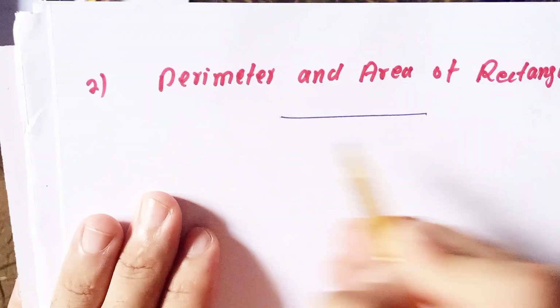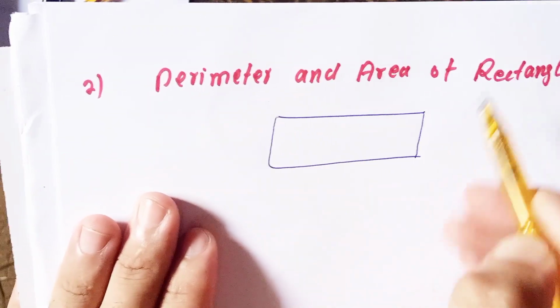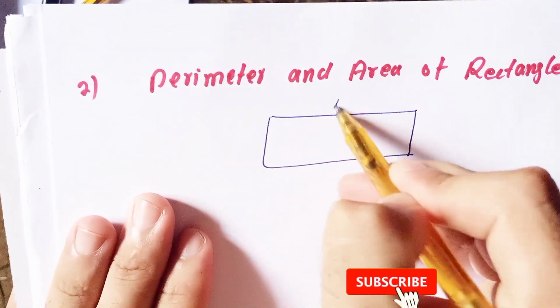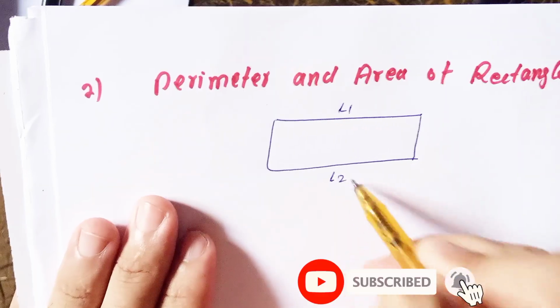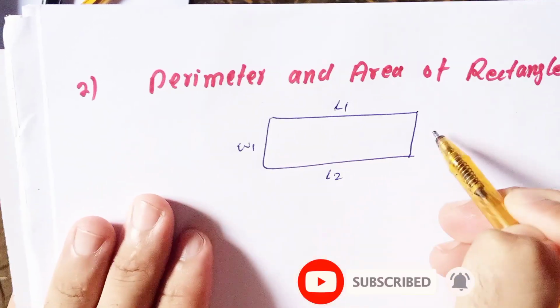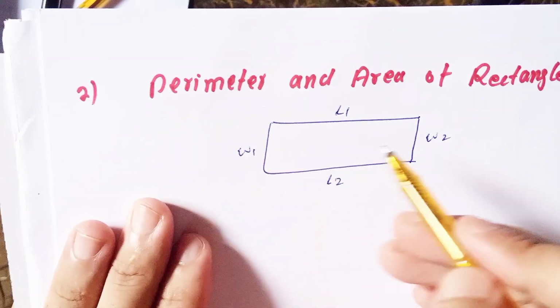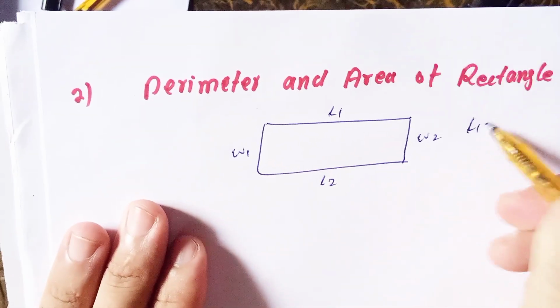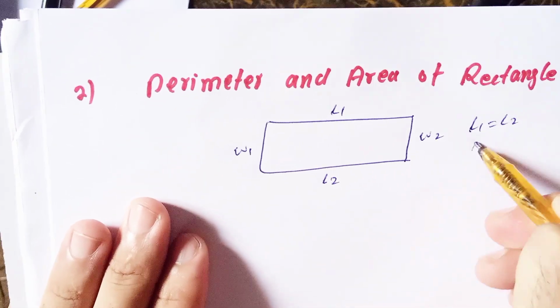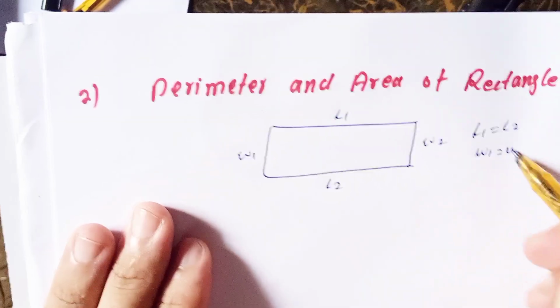Let's suppose we have a rectangle of length 1 and length 2 and width 1 and width 2. So these two lengths are equal and these two widths are equal. So length 1 is equal to length 2 and width 1 is equal to width 2.